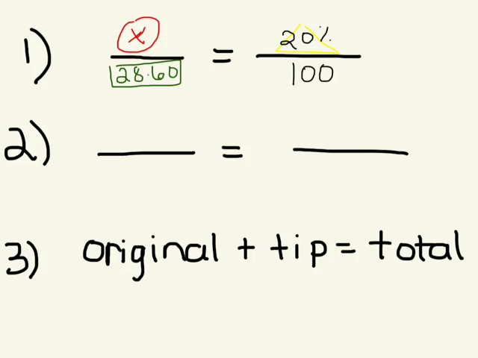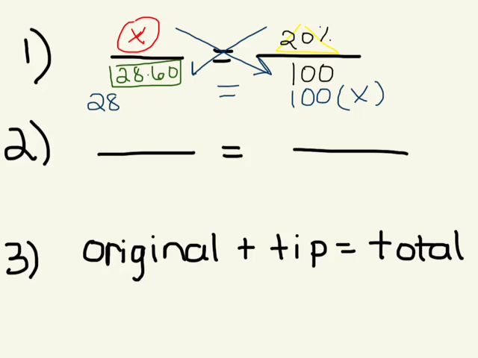Okay, so my next step is to solve. Let's do some solving. So I'm going to cross multiply. If I follow my arrows, I get 100 times x over here is equal to, I'm going to use my calculator, 2860 times 20.